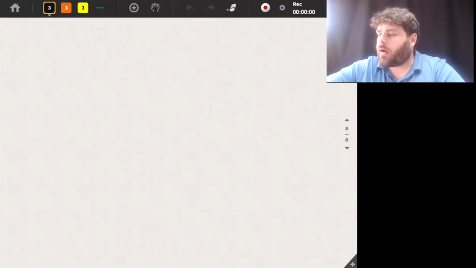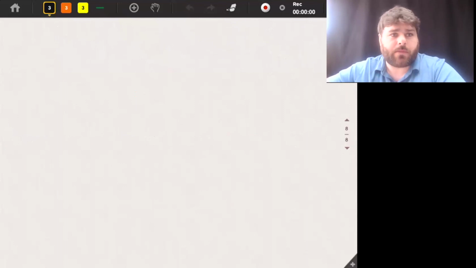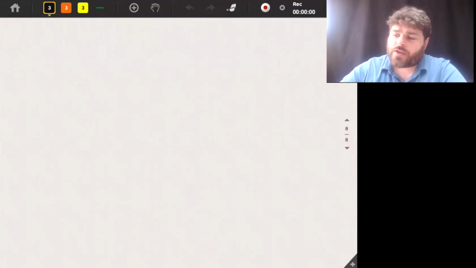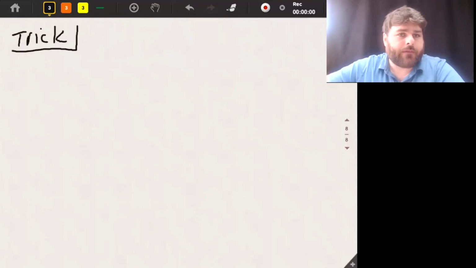You'll see problems like this for sure on the test where they say things like write an expression that represents the following, and they'll tell you a little word problem, and you're supposed to set up an expression. So this is a little trick to try if you're having trouble. First we're going to use numbers in a situation.